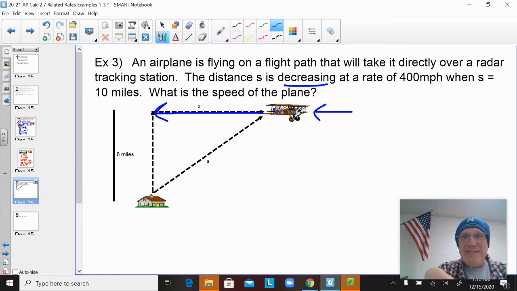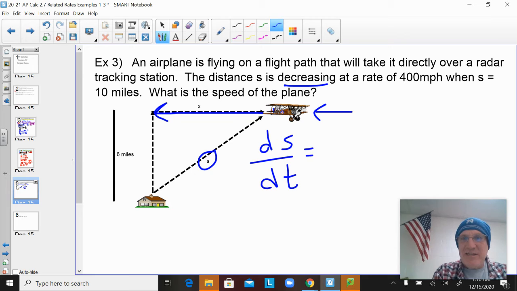It says the distance S, which is the distance from the tracking station to the plane, is decreasing at a rate of 400 miles per hour when S equals 10. So distance S is decreasing. That means that is dS/dt, and since that distance is decreasing, this would be negative 400.